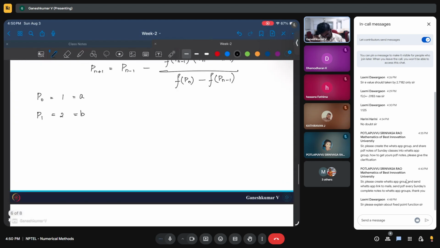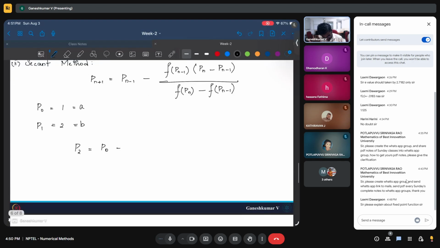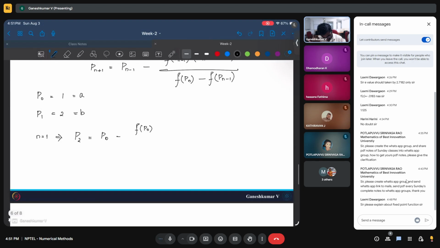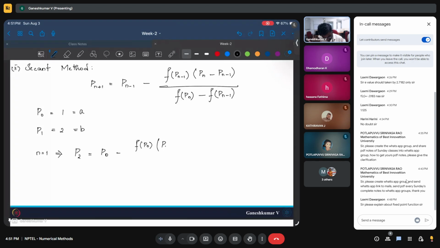Okay, so let's do that. Let's find out p2. P2 is p0 minus f of p0 times p1 minus p0, divided by f of p1 minus f of p0, where I put n equal to 1 because this is iteration 1.